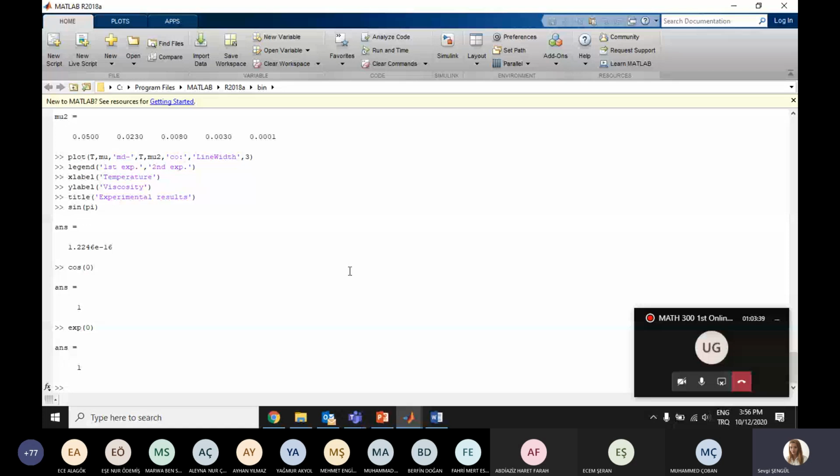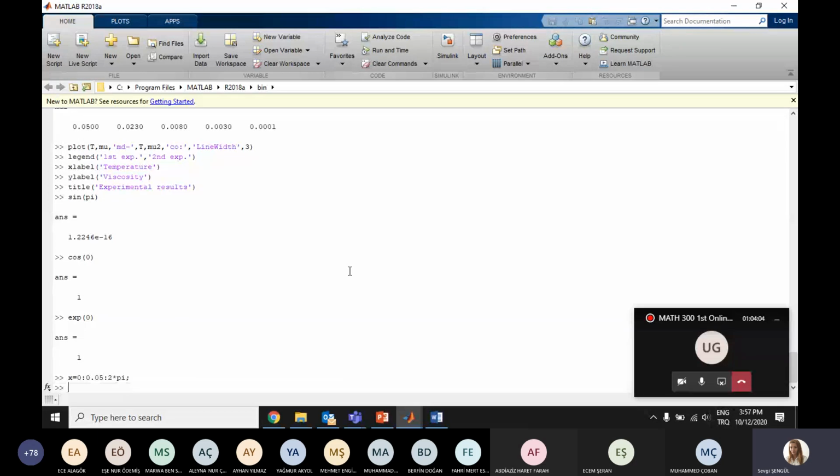And what else do we have? Let me do just one example here. Let's say that X is from 0 to 2 pi, and the increment is 0.05. I don't want to see the result because the output will be messy.